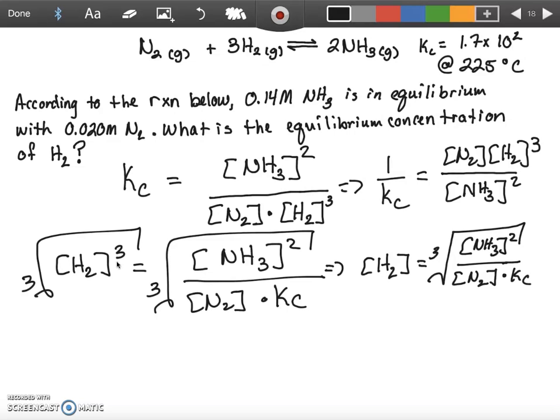Alrighty, kind of a lot to do there, but now we have our expression. Everything is set equal to H2, so let's go ahead and plug in. And you will for sure need your calculator here.